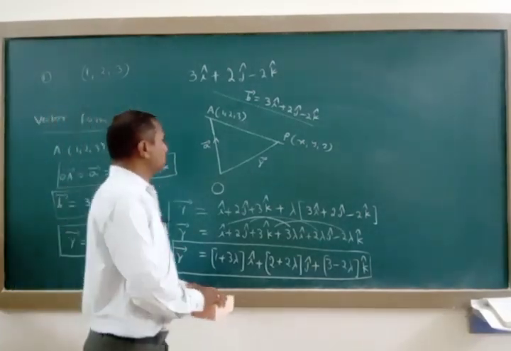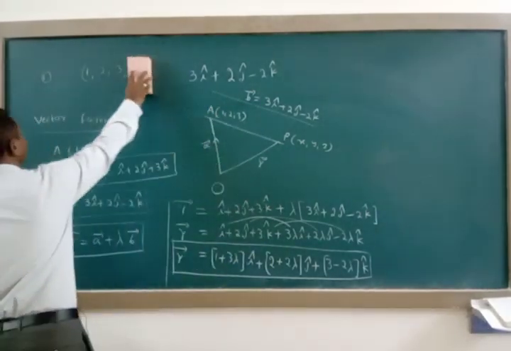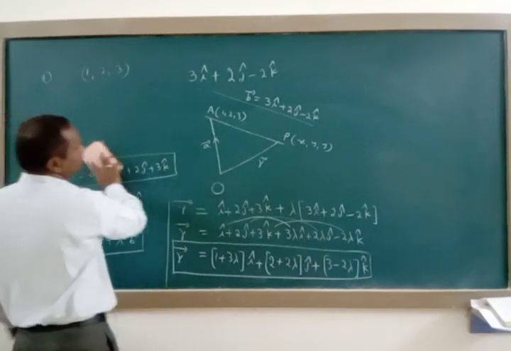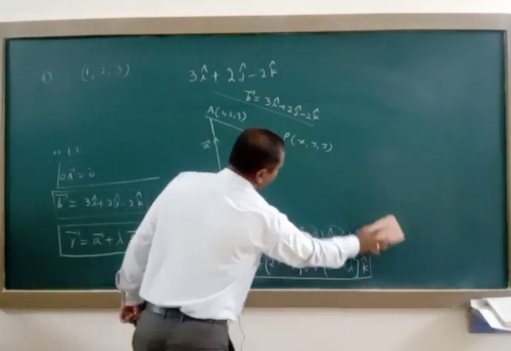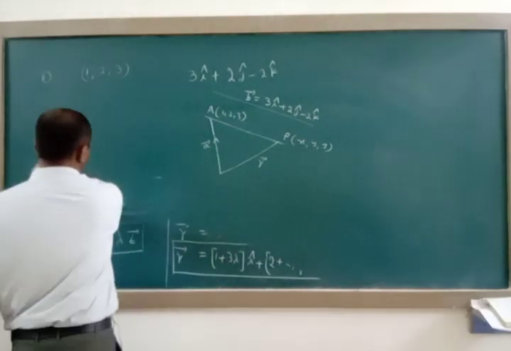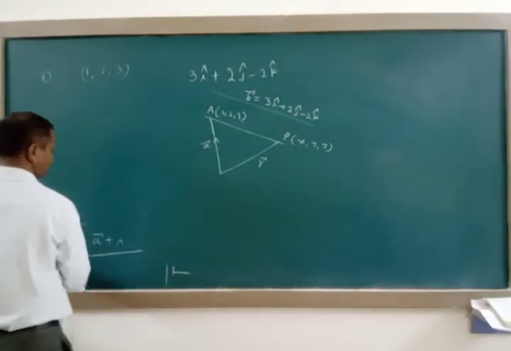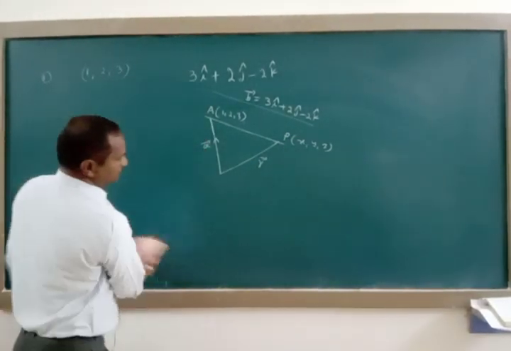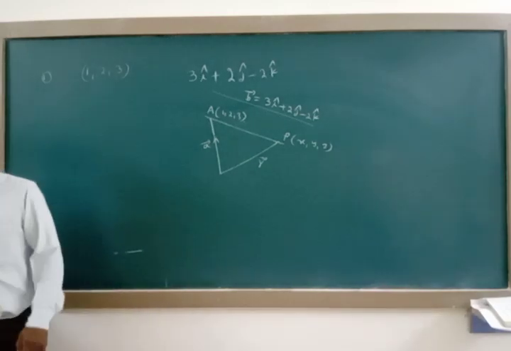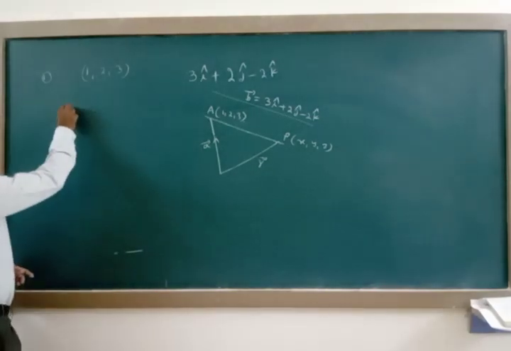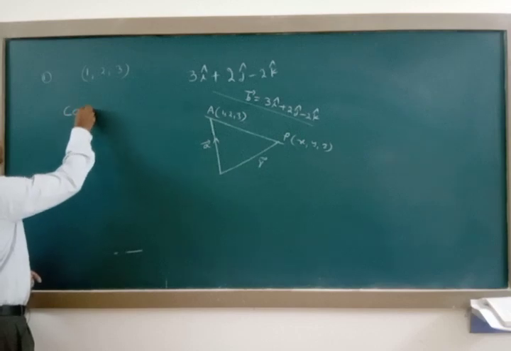Next one is the Cartesian form. Cartesian form means how to find its Cartesian form here.